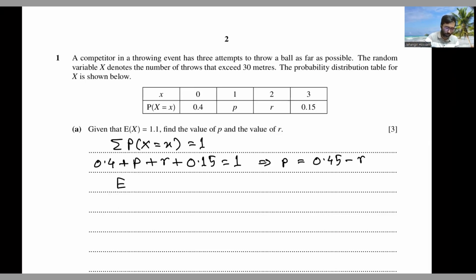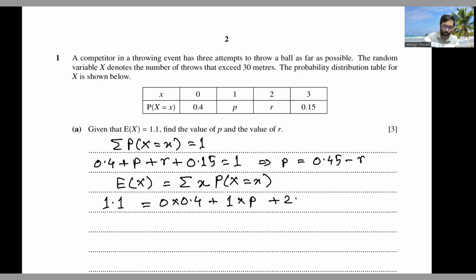Remember, E(X), the expected value or mean, is equal to the summation of x times its probability. So 1.1 equals 0 times 0.4 plus 1 times P plus 2 times R plus 3 times 0.15. So we have 1.1 equal to P plus 2R plus 0.45.